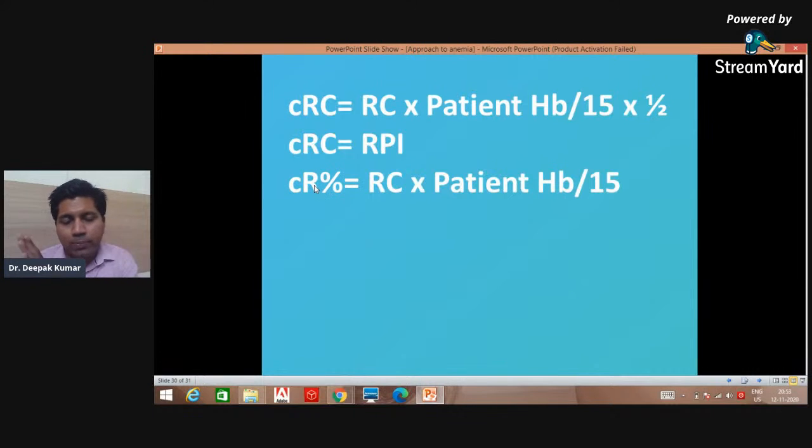We humans tend to skip the third word when reading, and then you will mistake the formula. Applying the reticulocyte count and the first correction factor gives you a corrected reticulocyte percentage. It is not called corrected reticulocyte count. Basically, if you divide this by 2, then you will get the corrected reticulocyte count.